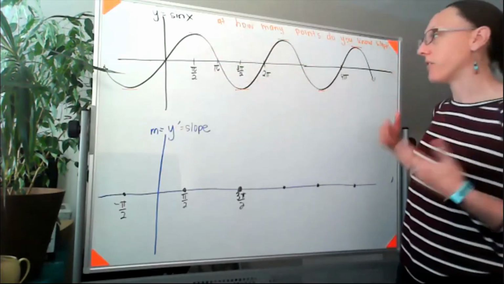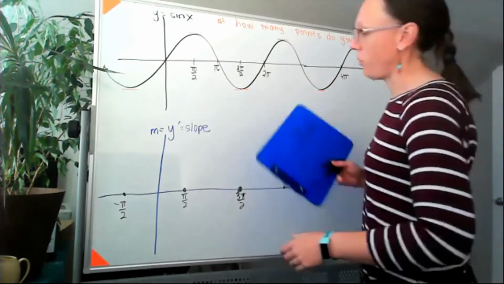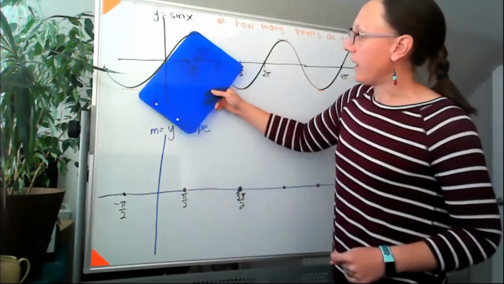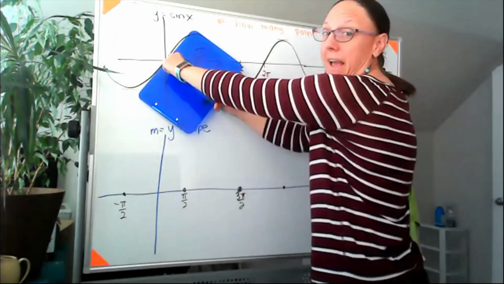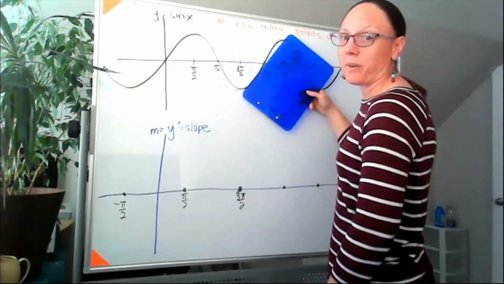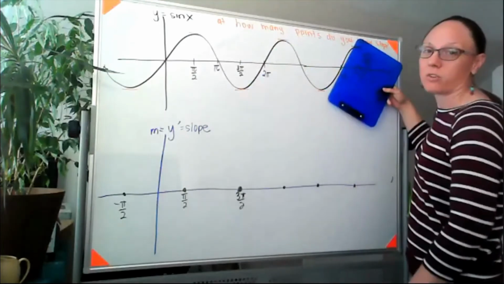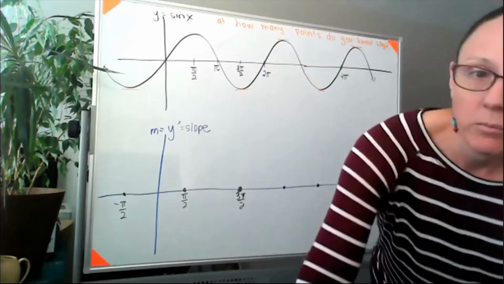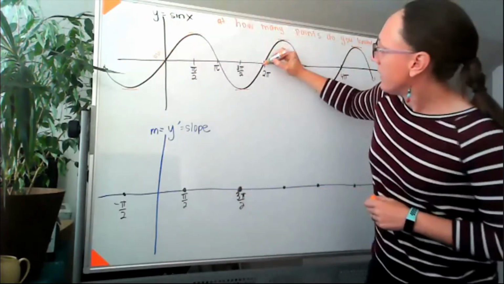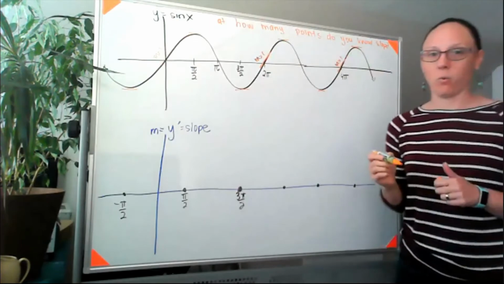So looking at the part of the graph that I've drawn and thinking about a slope of 1 would be about a 45-degree angle, I'm thinking that right in there, I'm at a slope of about 1. And I'm going to get to that same slope again over here, and again over here. So I am looking at a slope of about 1, and a slope of about 1, and a slope of about 1.